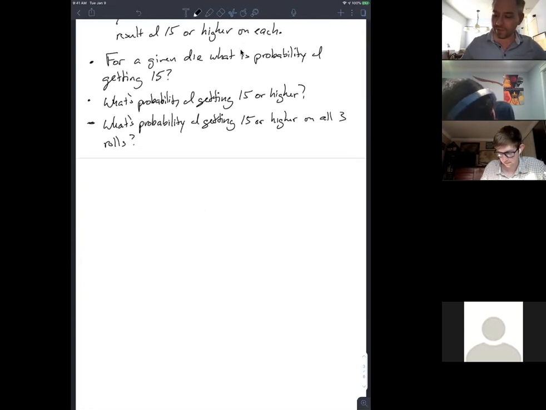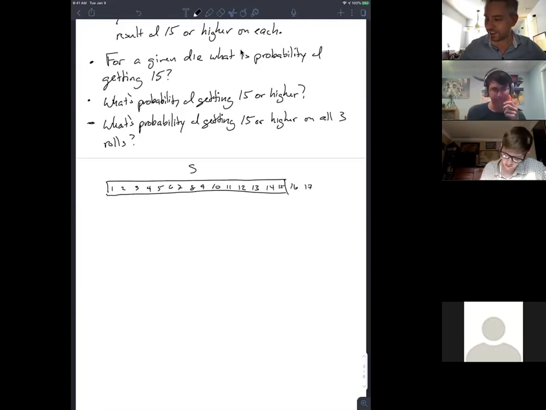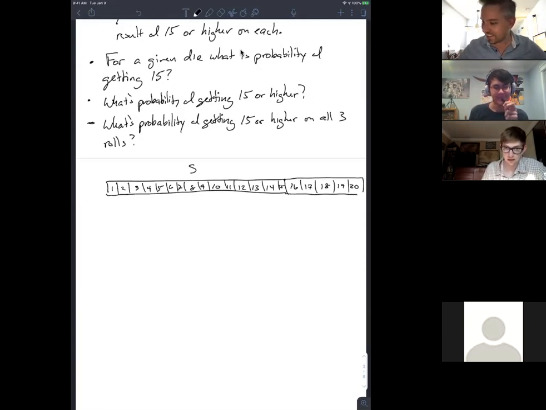Again, our set of possible outcomes are that we get a 1 on the die, or a 2, or 3, or 4, or 5, or 6, 7, 8, 9, 10, 11, 12, 13, 14, 15, 16, 17, 18, 19, 20. So there's our set of possible outcomes.